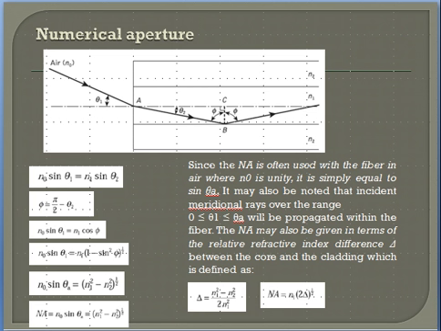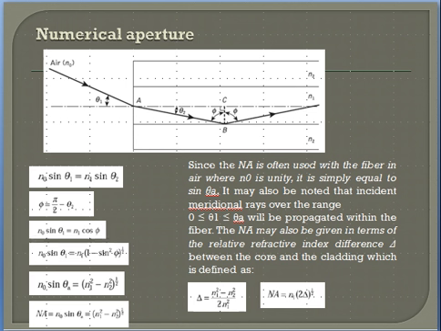So the acceptance angle for an optical fiber was defined in the preceding slides. However, it is possible to continue the ray theory analysis to obtain the relationship between the acceptance angle and the refractive indices of the three media involved, namely the core, cladding, and air.